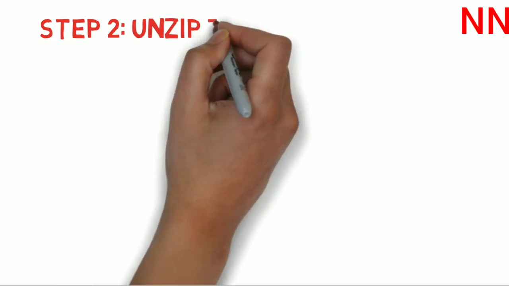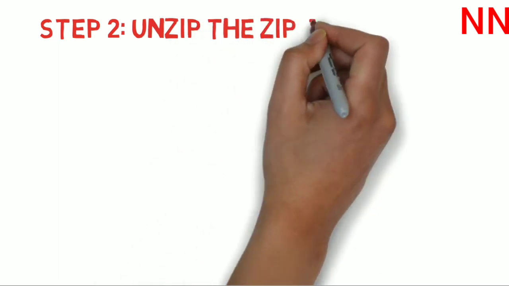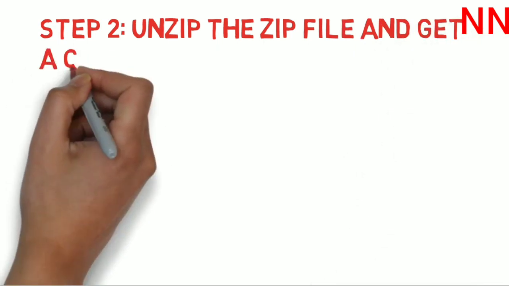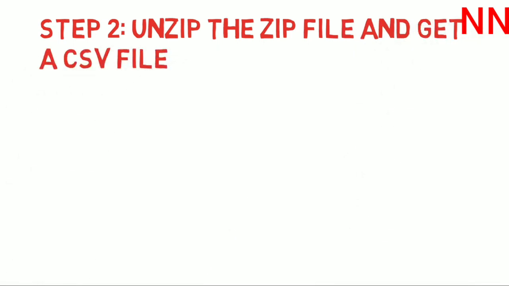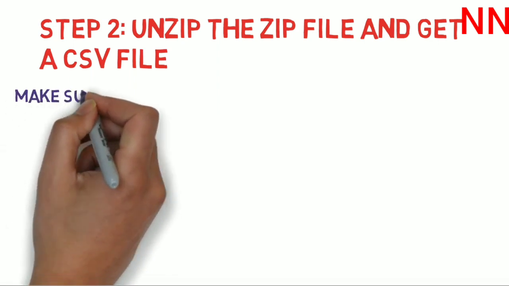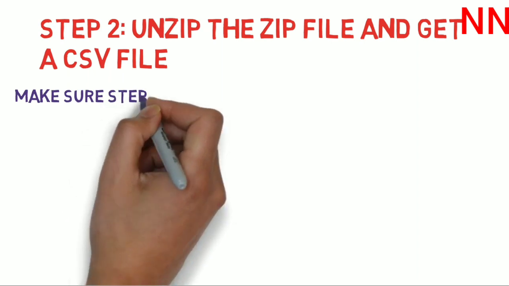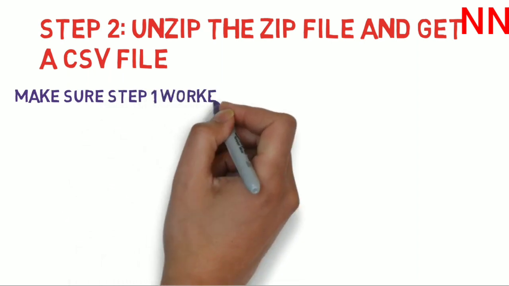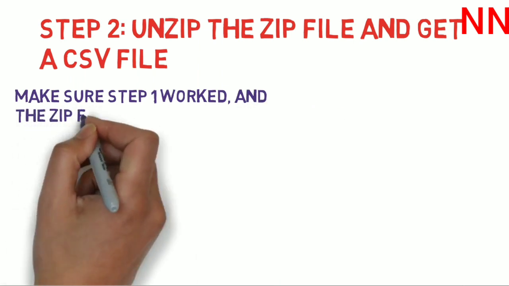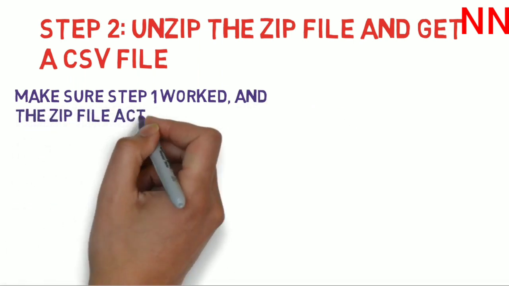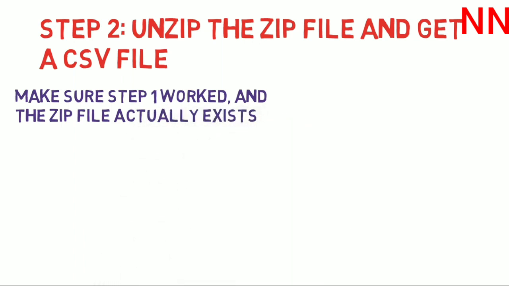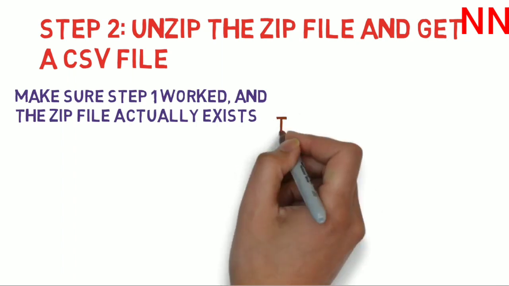So step 2 is to unzip this zip file and get a CSV file extracted from the zip file. Before you do that, you need to make sure step 1 works and the zip file that you expect to look for actually exists.